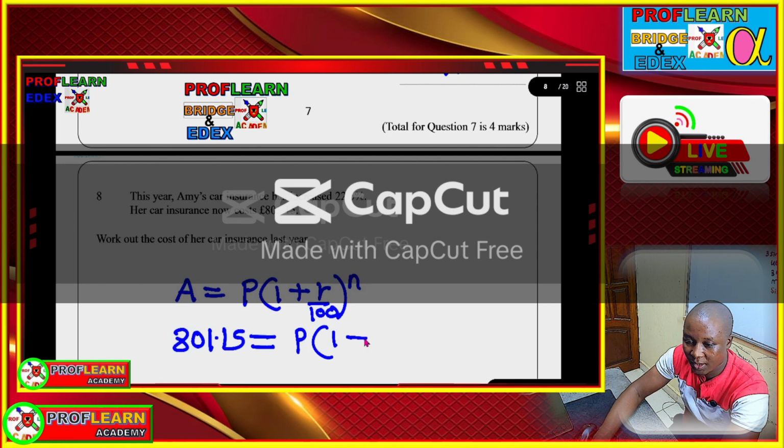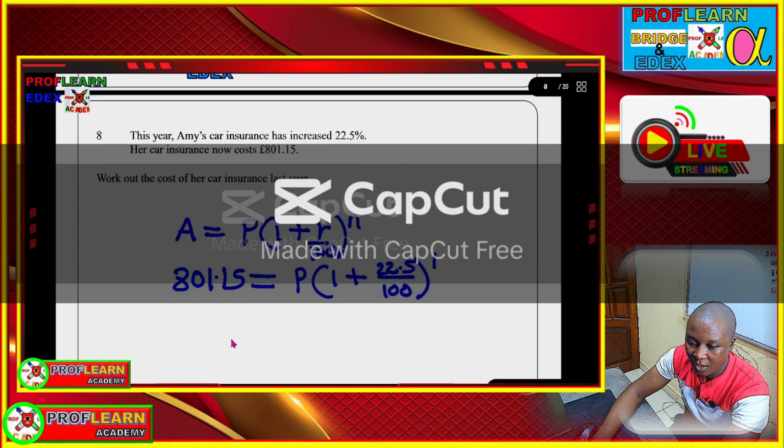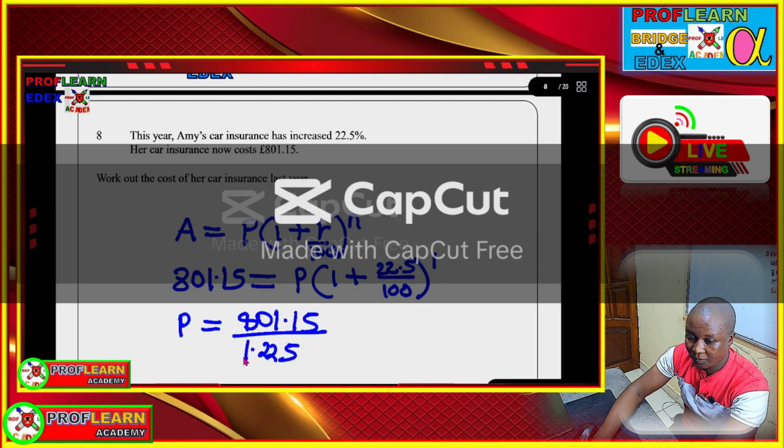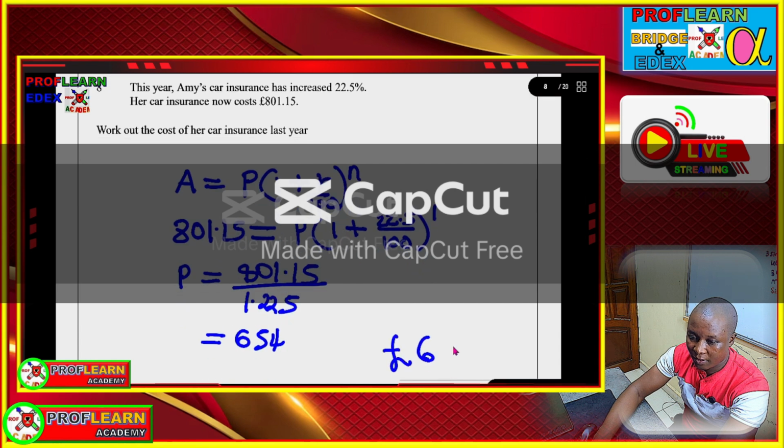So we are going to say this is P times 1 plus 22.5 over 100 to power 1. If you work it out, you are going to get your P is equivalent to 654 pounds.